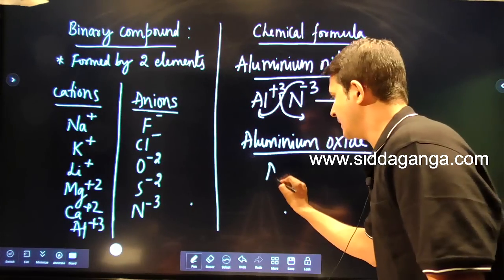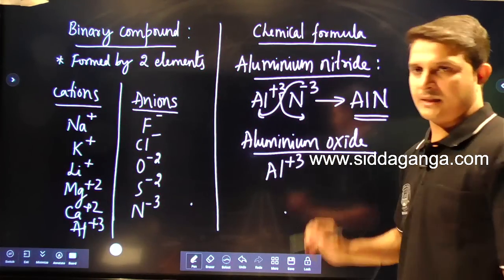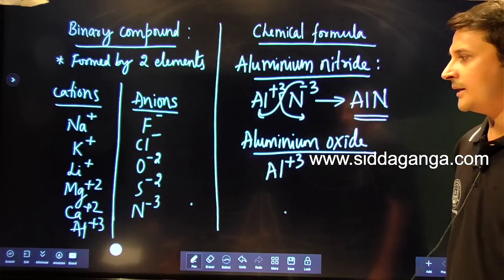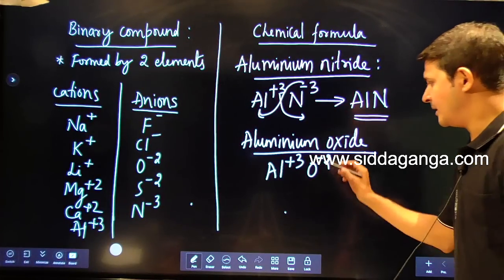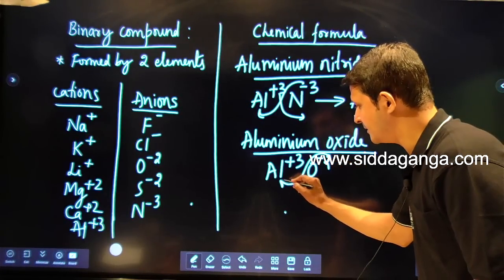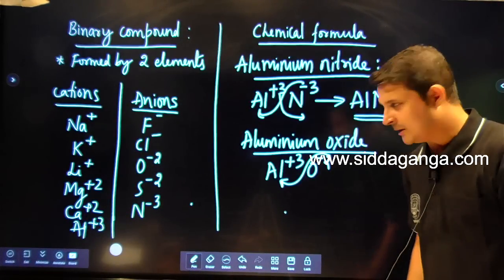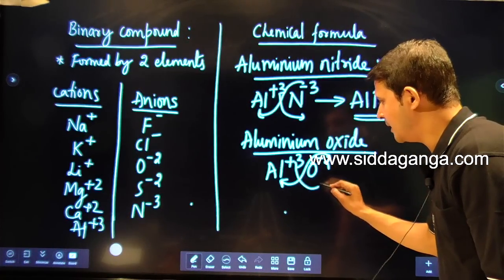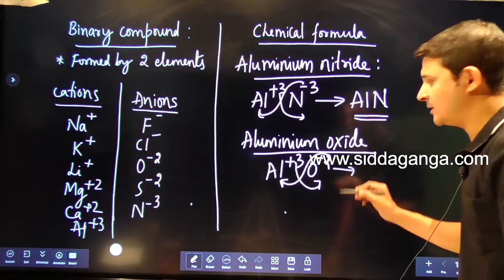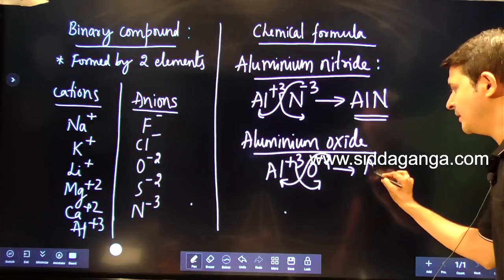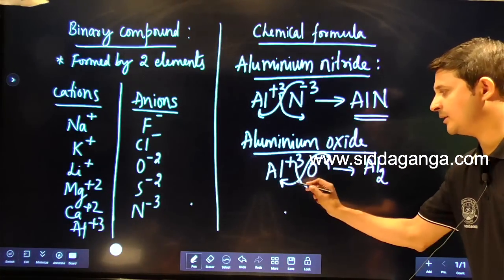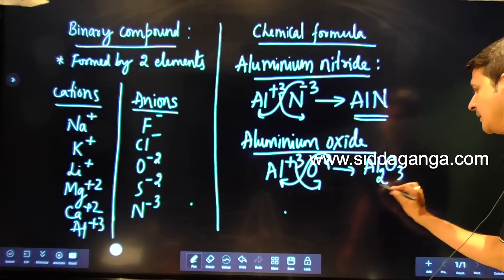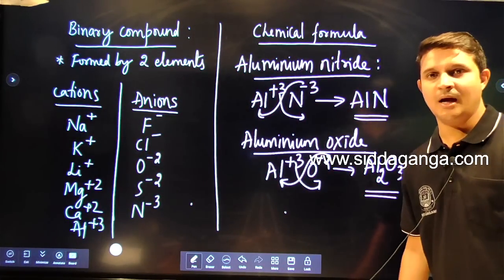Aluminium is Al plus 3. Oxide is O minus 2. So the valency of oxygen goes to aluminium, and the valency of aluminium goes to oxygen, giving Al2O3, which is aluminium oxide.